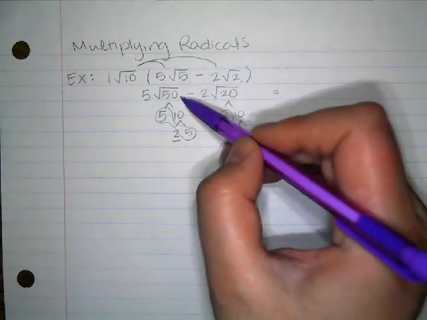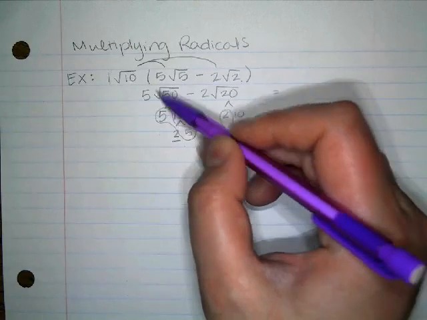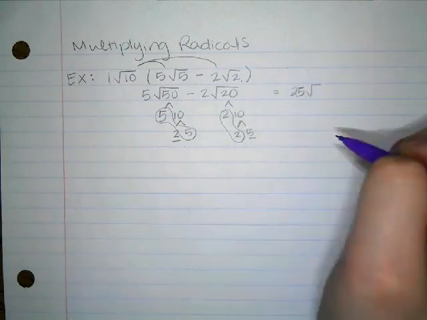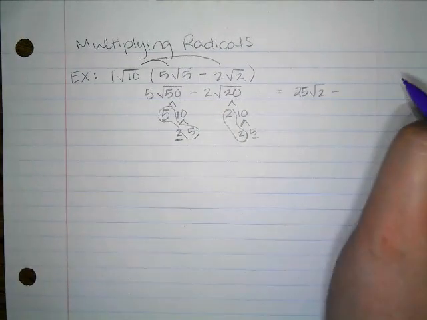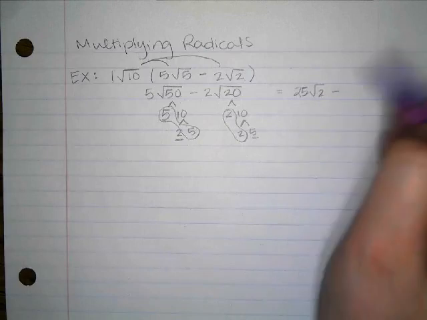So the first one is going to be 25 square root 2 minus, what's the second one going to be? Why aren't we doing anything with the negative? We did. We put it underneath.